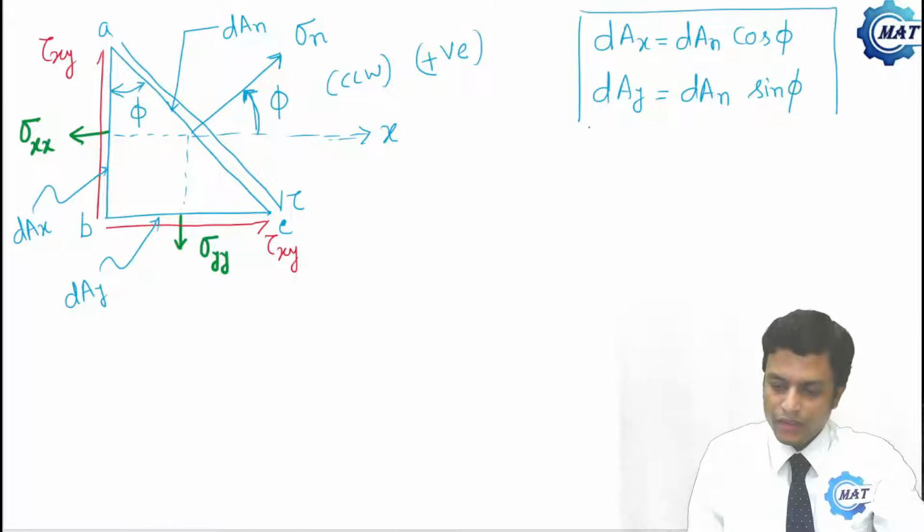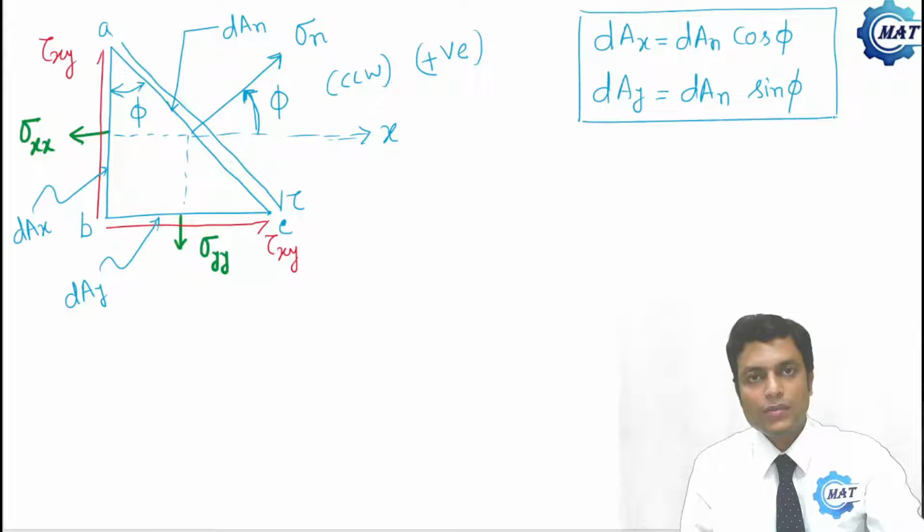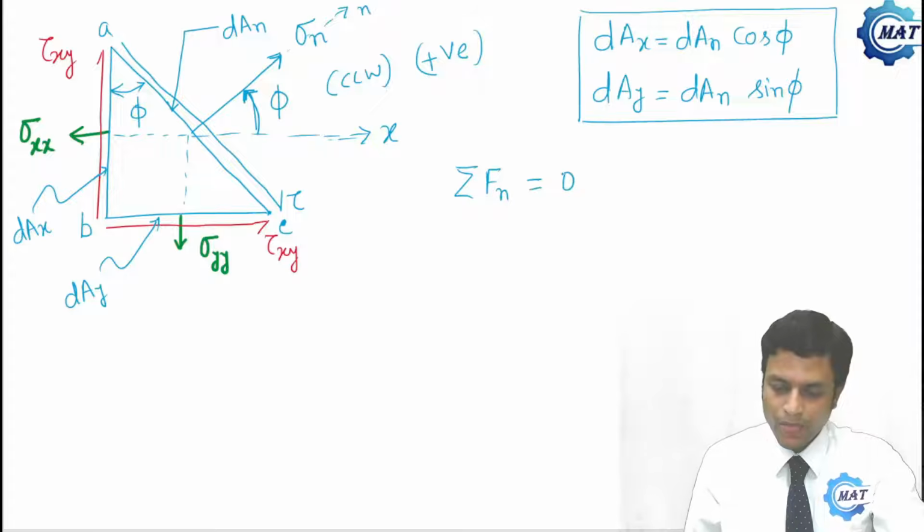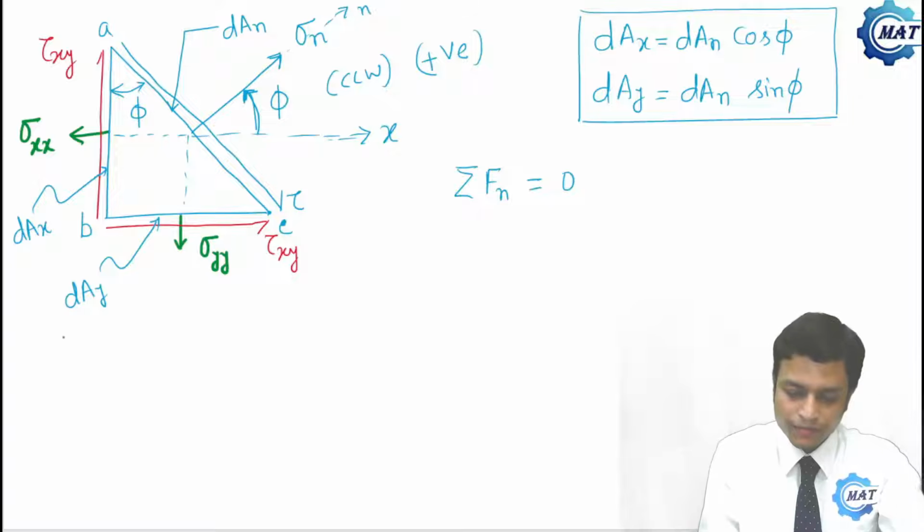Now make the force balance to get the values of sigma n and tau. First of all, forces along the normal direction. This is the normal direction, and the sum is 0. So what we will get?